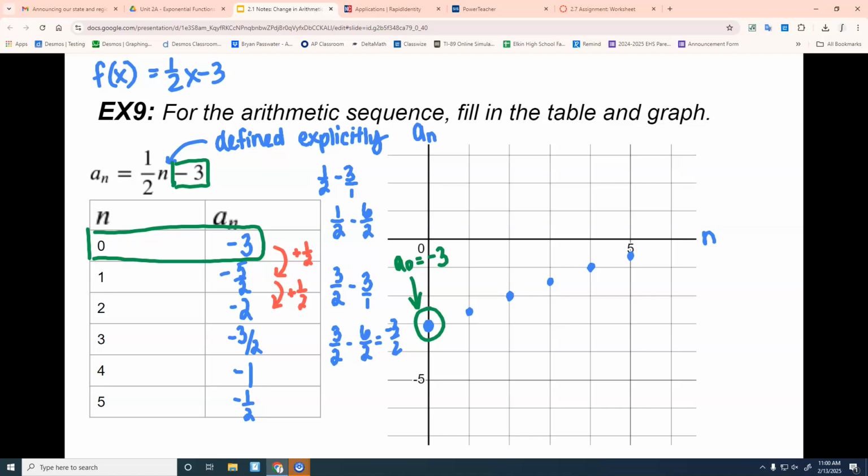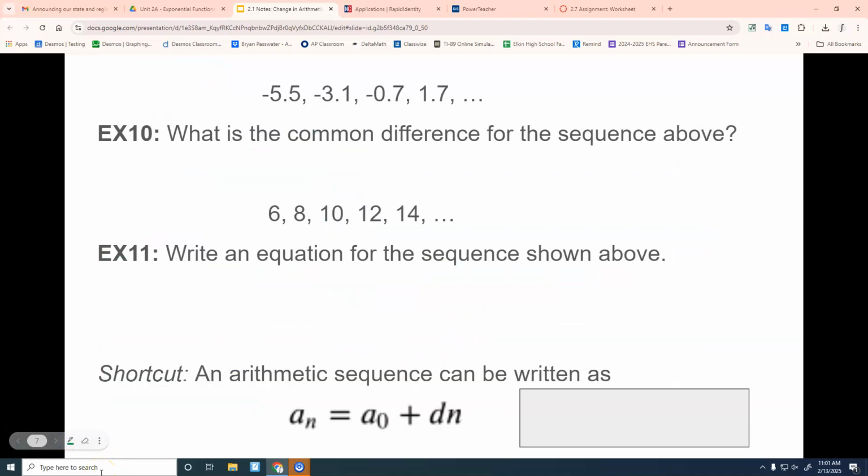Those are some relationships that hold true for all arithmetic sequences. That y-intercept of that graph, because if we think of it like a function, -3 is the y-intercept. That is your a sub 0, or your starting term. Okay, questions? All right, let's keep going.